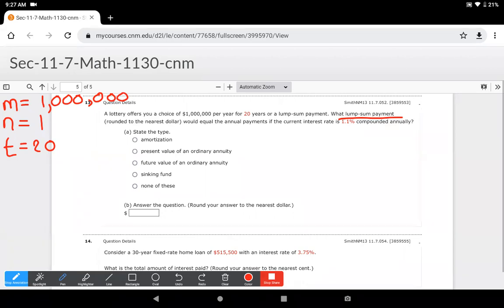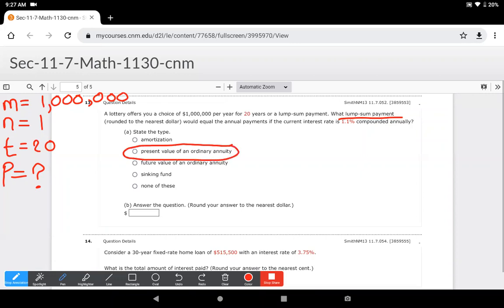So they're asking us for P, right? Because of this lottery buyout, lump sum thing that's going on here. We saw that lump sum before, and that's the present value of an ordinary annuity.